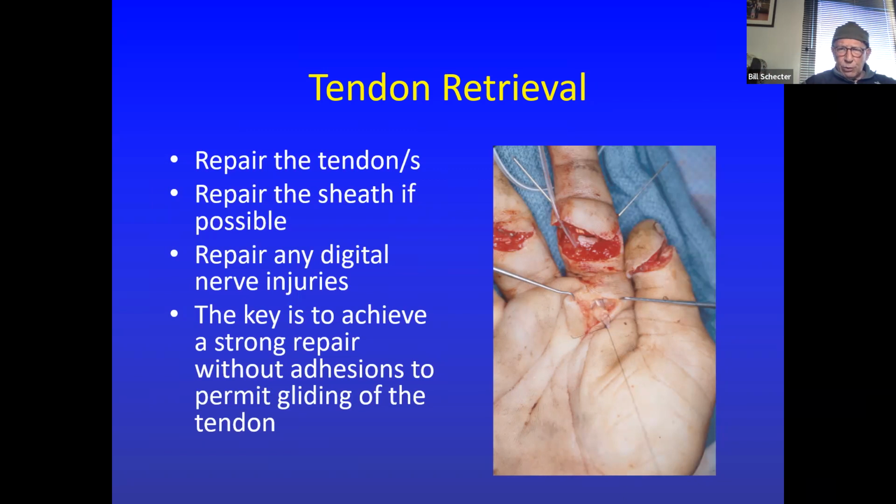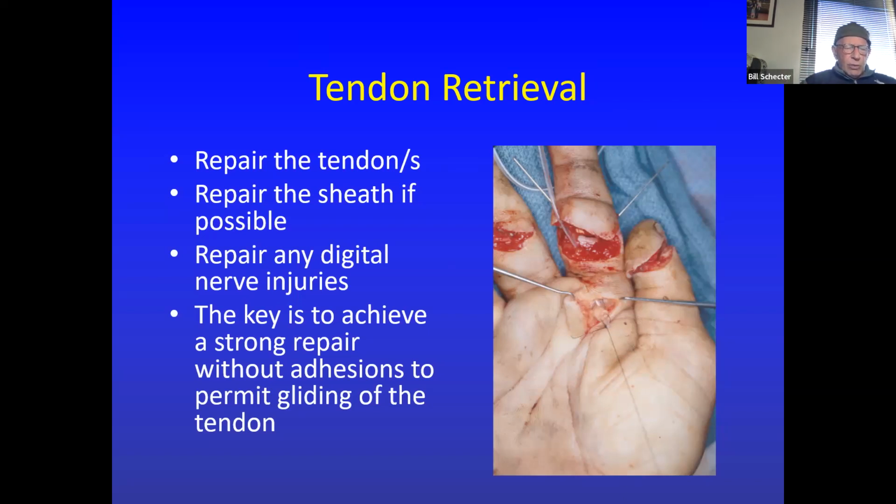And I'll be happy to help you with that if you need some help. But basically the best suture material to use for a tendon repair is a 4-0 monofilament nylon suture with a P3 needle.